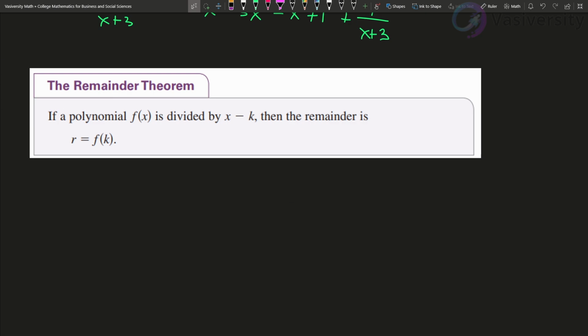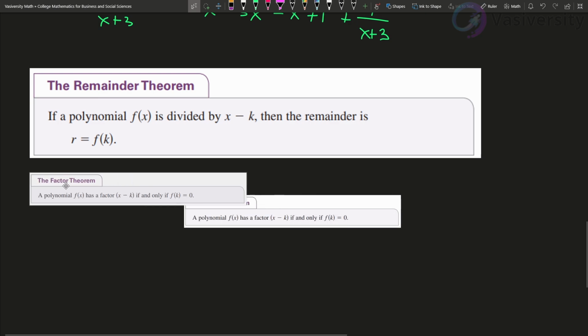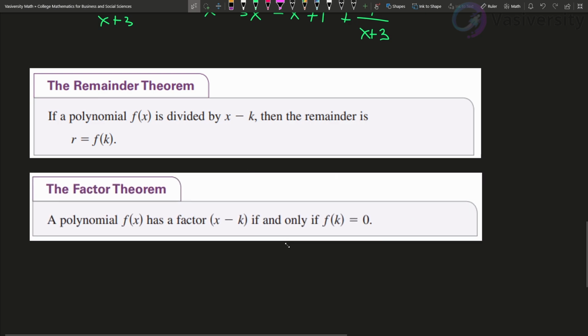Now the remainder theorem also leads us to this: if the remainder is 0, we can prove that the polynomial f of x has a factor of x minus k if and only if f of k is equal to 0.